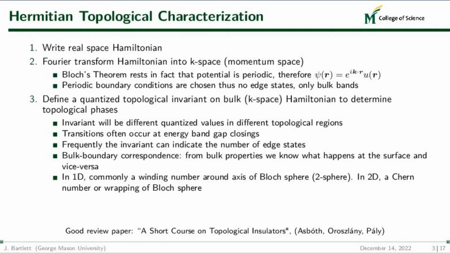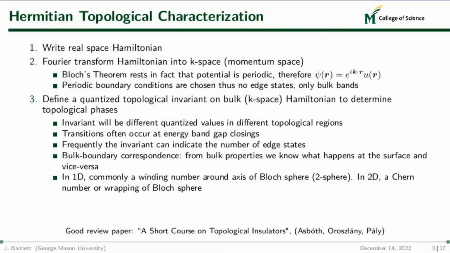So before getting into my research in non-Hermitian topological insulators, I want to briefly explain how topological insulators are traditionally characterized. The first step is to write the real space Hamiltonian. We next Fourier transform this Hamiltonian into momentum space, or what we call in condensed matter k space.